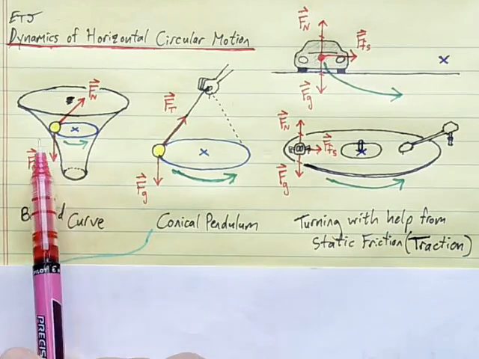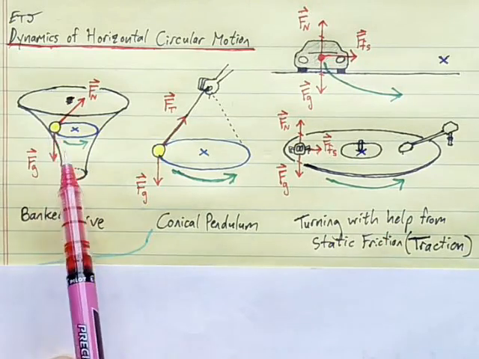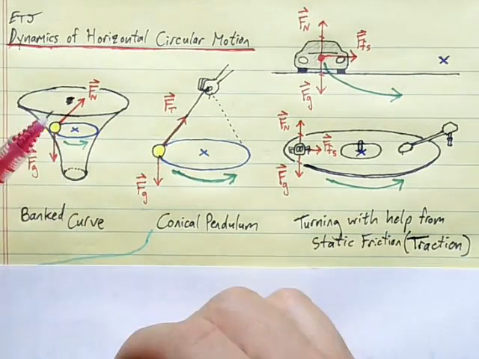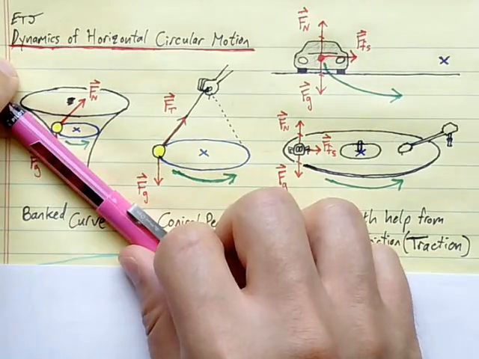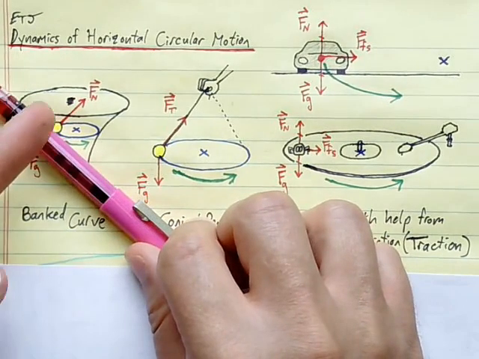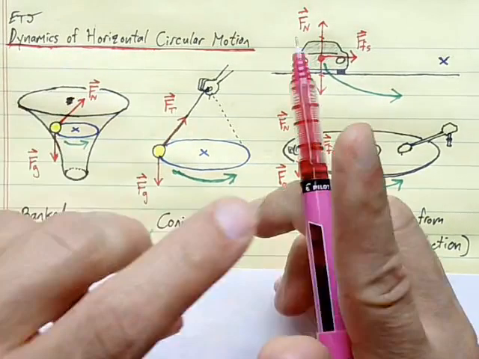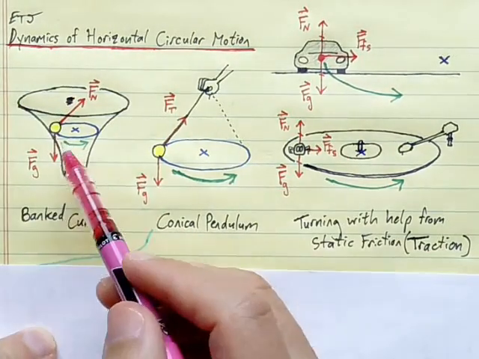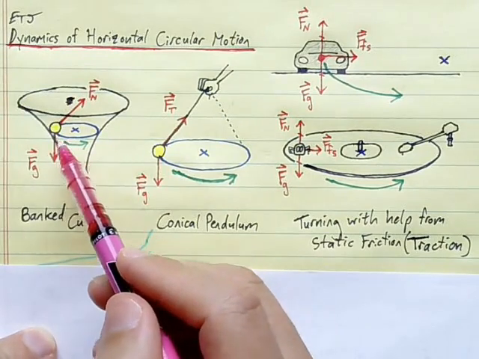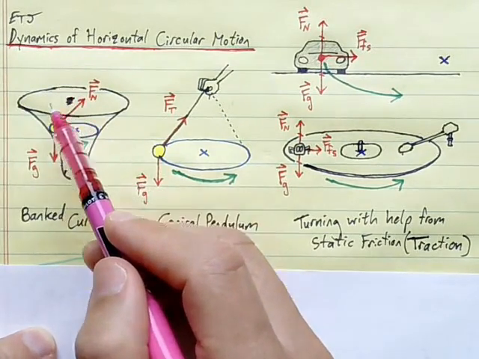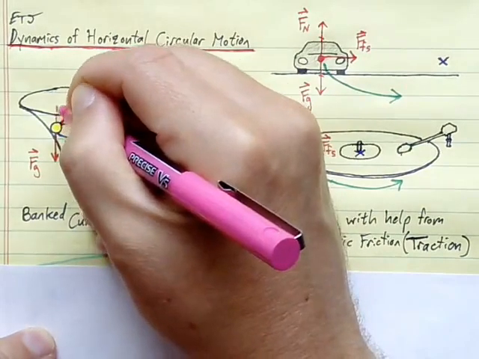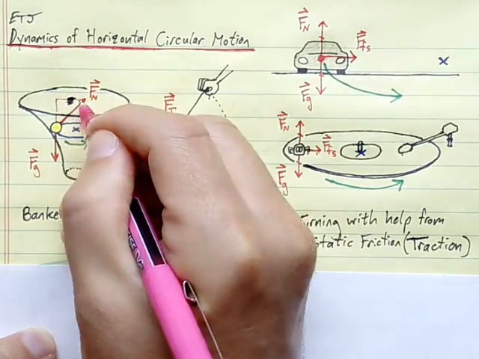But the normal force exerted on the ball by the wall will of course be perpendicular to the surface itself. And since the surface is tilted, our normal force will be coming out at a right angle to that. So there's our normal force. And if the ball is just rolling around in this horizontal circle and not accelerating up or down, then we know that our normal force could be broken into components like that.